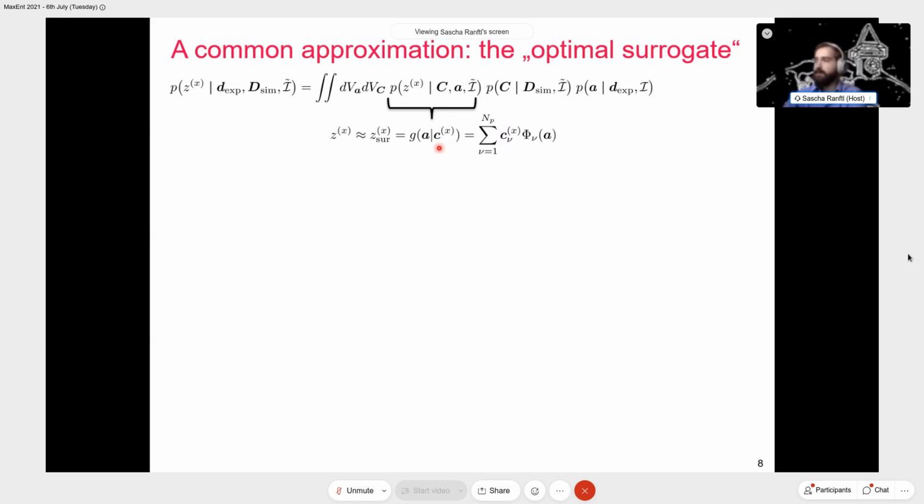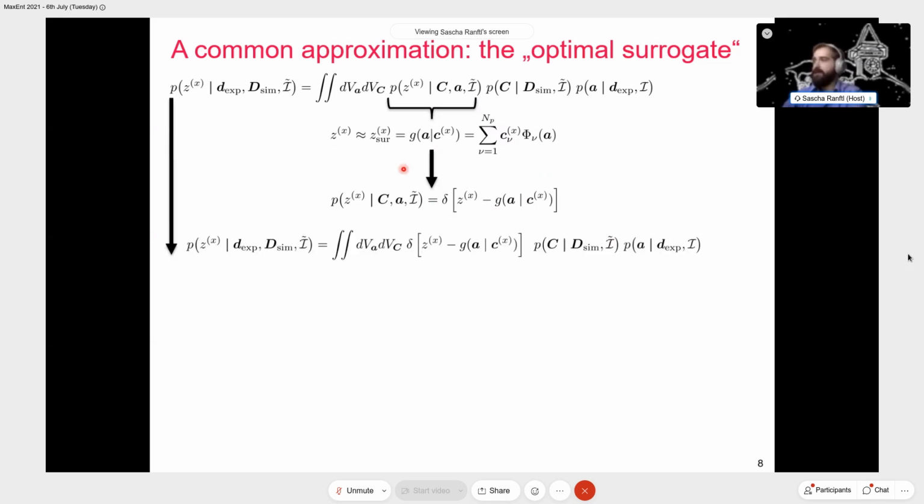So that means that this expression here is just a delta function located at our surrogate model. Now we can insert this, so I simply plug in this delta instead of this probability here, and we arrive at a slightly less scary equation here.